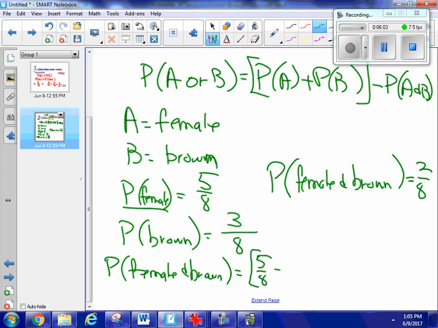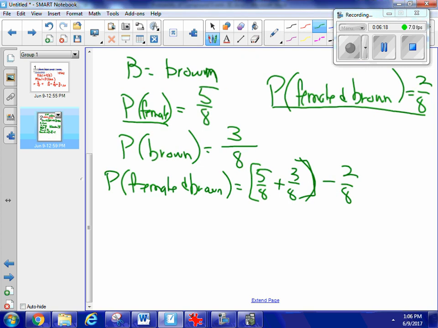So that gives us 8 over 8 minus 2 over 8 equals 6 over 8 equals 3 over 4 equals 0.75. So I have a 75% chance, a 0.75 probability, that if I reach into the basket and pick out a kitten, it is going to be female or brown, one or the other.